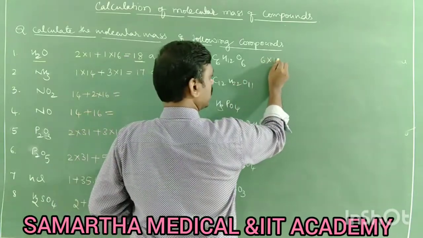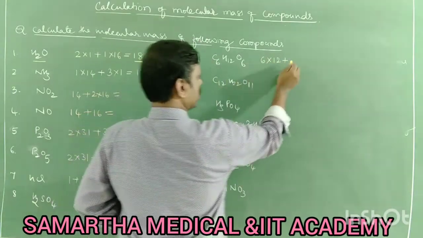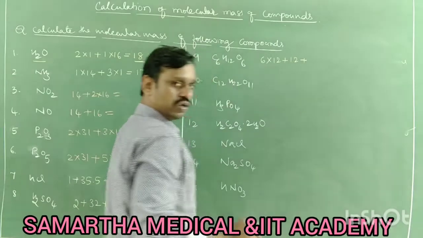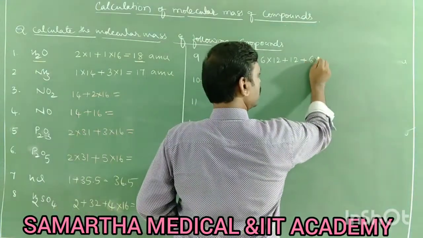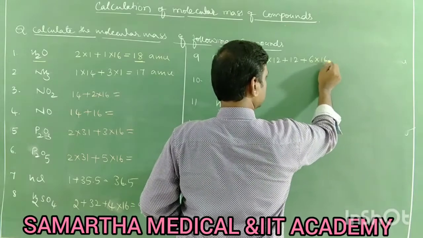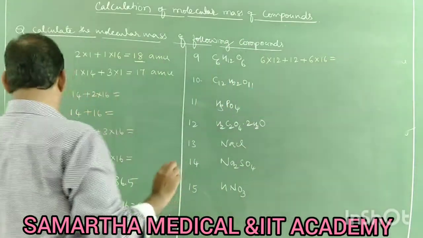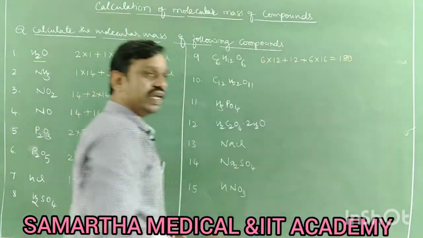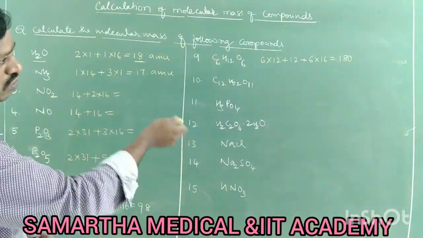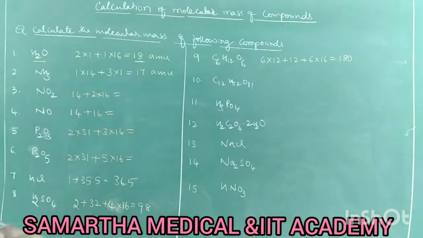Therefore 6 into 12 plus there are 12 hydrogen, 12. Next 6 oxygen, 6 into each oxygen 16. Therefore it is 180 AMU. I am not writing AMU, it is nothing but AMU only.